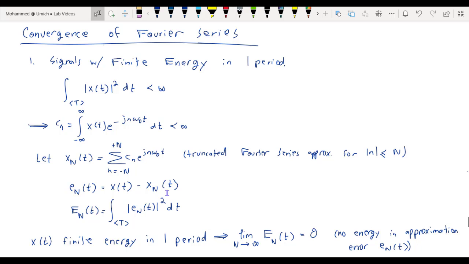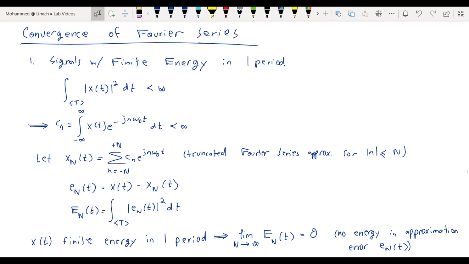We can then define the energy in this approximation error to be capital E sub n equals the integral over one period of magnitude of little e sub n of t squared dt. If x of t has finite energy in one period, which means it satisfies this condition, then we're guaranteed that the energy E sub n in the approximation error converges to zero as n goes to infinity. So there's no energy in the approximation error when n goes to infinity.